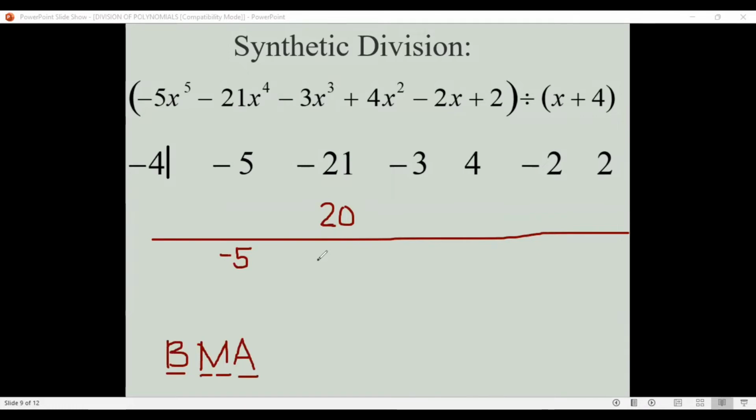And of course, the answer that we will be getting is a negative 1. Then again, we continue. We have negative 1, multiply again with the negative 4. So we have now a positive 4. After the bring down, it will be a series of multiply, add. Then again, we have to add this again.